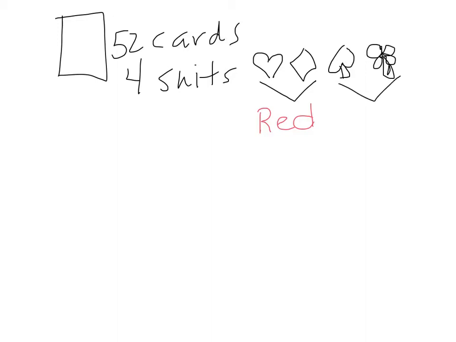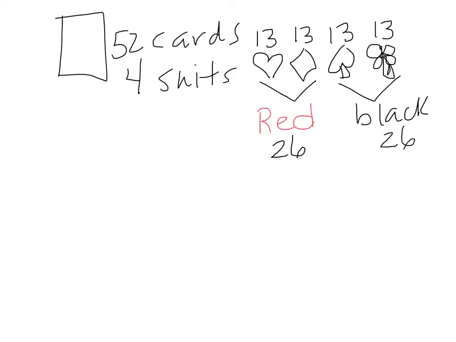Spades and clubs are always black. So if there are 4 suits and 52 cards, we know there are 13 hearts, 13 diamonds, 13 spades, and 13 clubs. That means there are 13 plus 13, or 26 red cards, and 26 black cards.